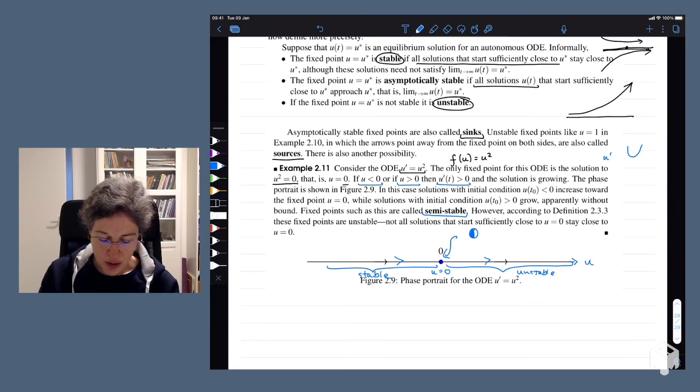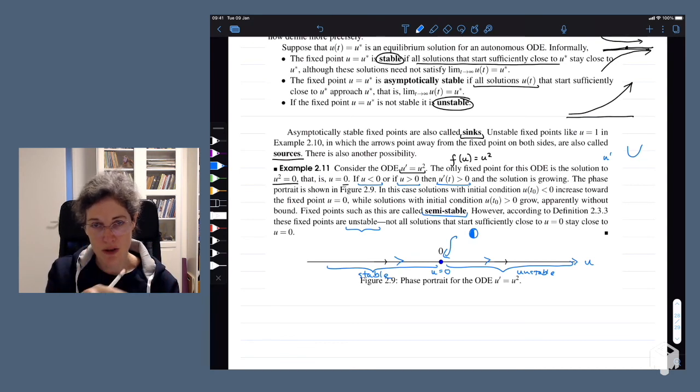According to our definition, though, these fixed points are unstable because not all solutions that start close enough stay close. But it is useful sometimes to know that it's semi-stable because you do have solutions that will tend to your fixed point on some part of the system.